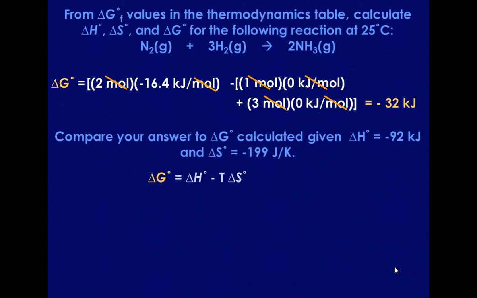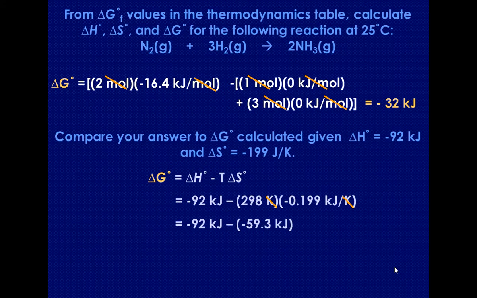You're going to have to make sure you either change them both into kilojoules or both into joules. I'm going to change mine to kilojoules for entropy because you're dealing with pretty large values. So I've taken that negative 199 and divided it by 1,000 to get 0.199. I plugged in my delta H and my entropy and my Kelvin temperature. Again, with the degree sign there, I don't have to give you the temperature. The degree sign indicates it's at 25 degrees.